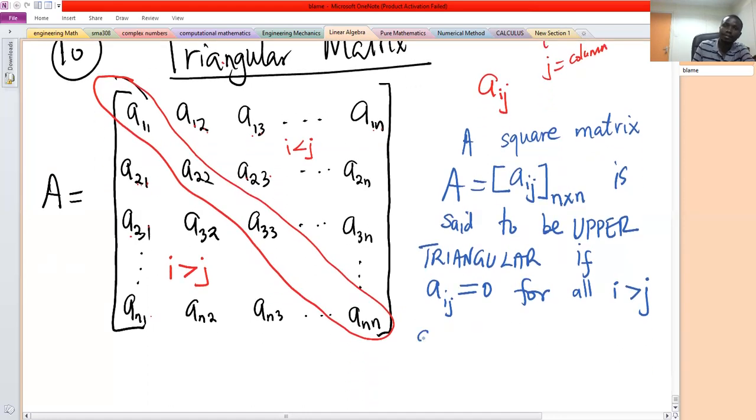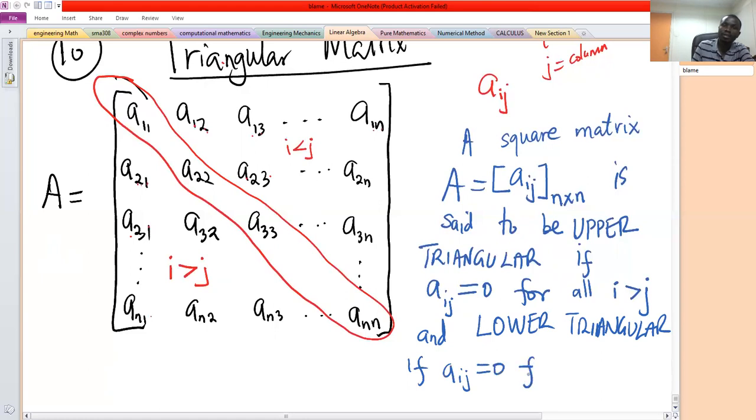And lower triangular if Aij is equal to 0 for all i strictly less than j.